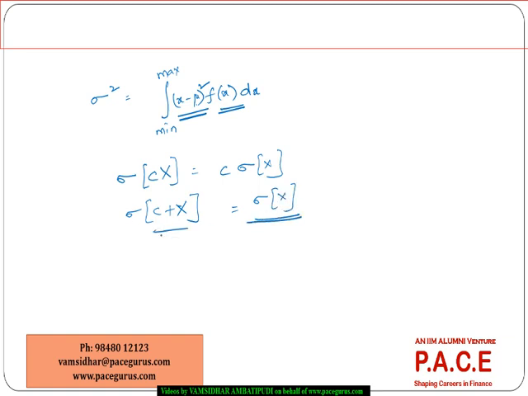Adding a constant will not change the standard deviation, but multiplying with the constant will scale the standard deviation by the same amount. Right? So these are a couple of important points that we will be using at a later point in our different computations, so we really need to be comfortable with this concept as well.